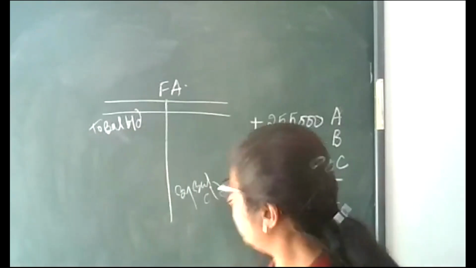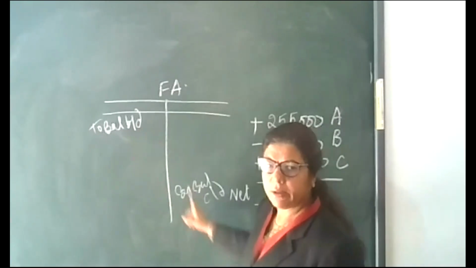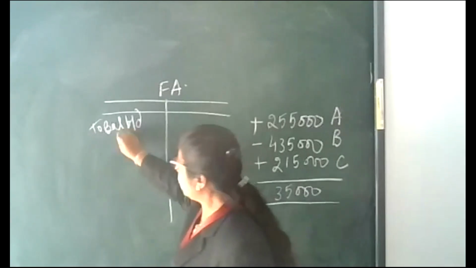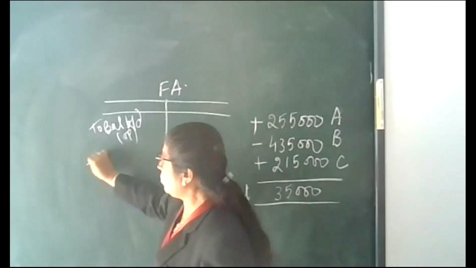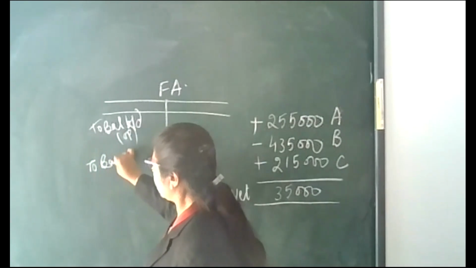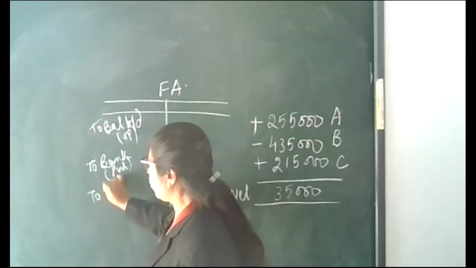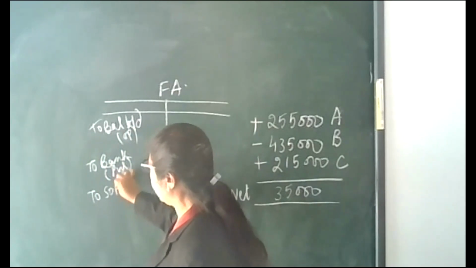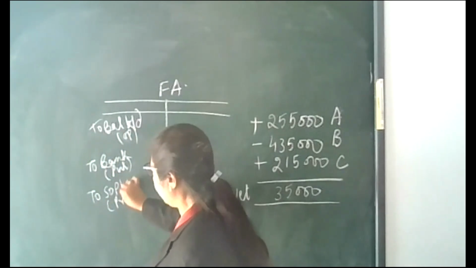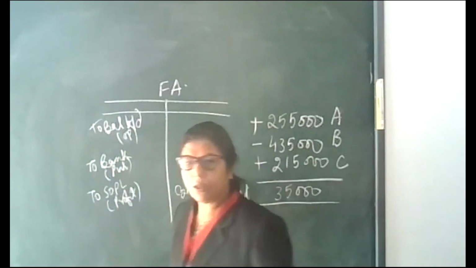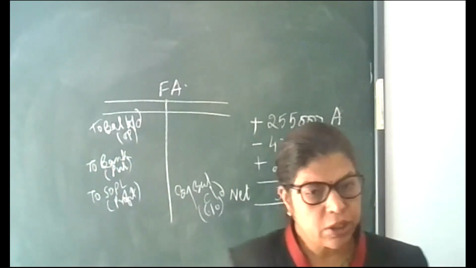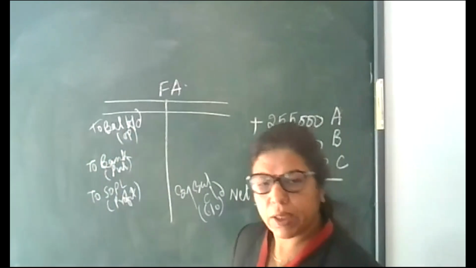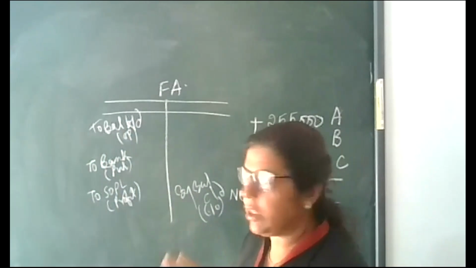Look at the screen. This is opening, this is closing. Here: to bank, purchase, to SOPL, P&L we can write for profit. Here only these two things will come: bank purchase and SOPL profit.